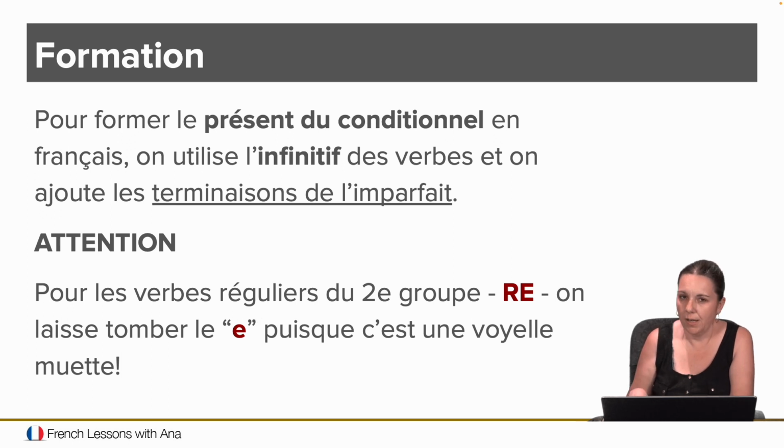And the reason for that, just like future, if you remember that one, is because the E in the RE is silent. It has no accent, it has really no sound to it. And when the E is silent in French, which is this case, we get rid of it, okay? So in this case, because it is une voyelle muette, a silent vowel, we don't need it, we get rid of it. But we keep the other ones the way they are.